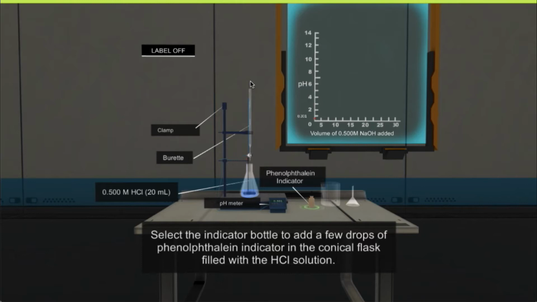Select the indicator bottle to add a few drops of phenolphthalein indicator in the conical flask filled with the hydrochloric acid solution.